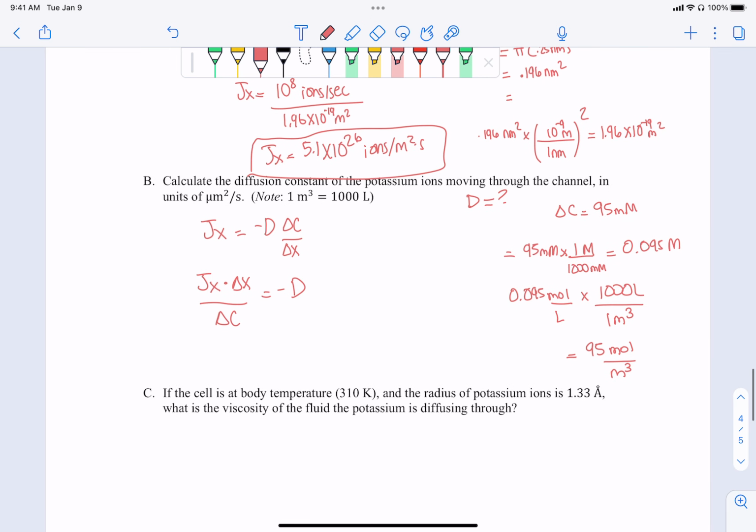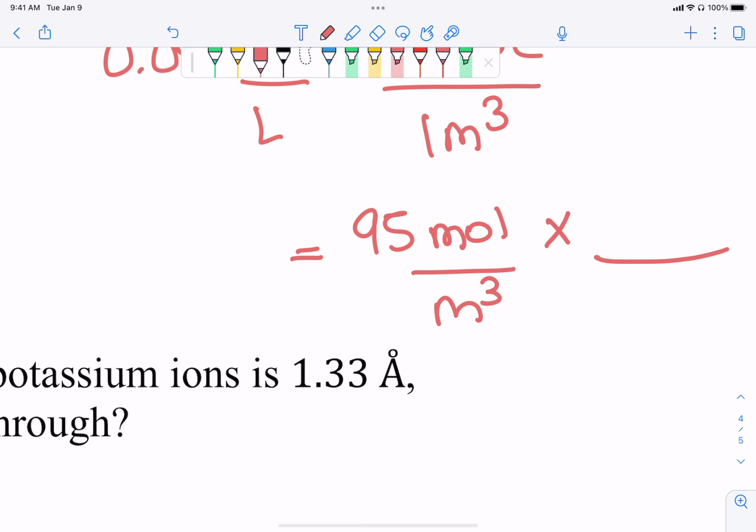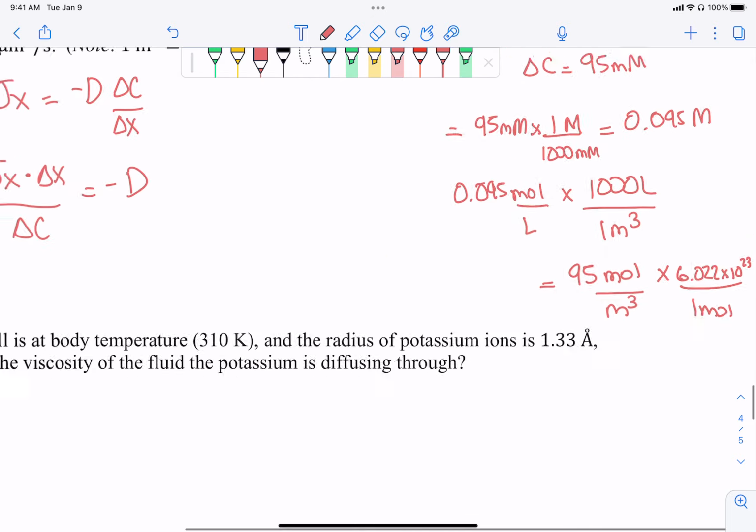So we have our delta C, which is the 95 moles per meter cubed. And then we can also get rid of the moles and convert that to ions just by multiplying by Avogadro's number. So we can do 1 mole times Avogadro's number to get the number of ions per meter cubed.